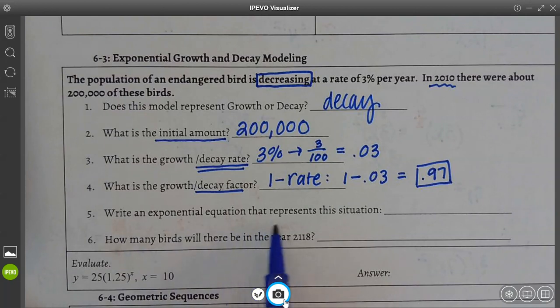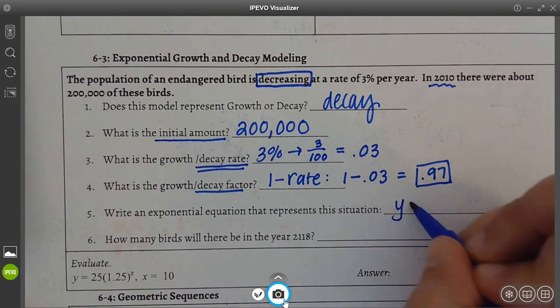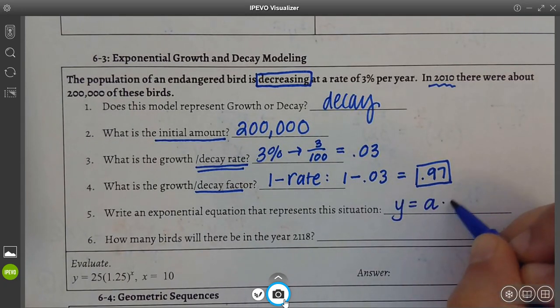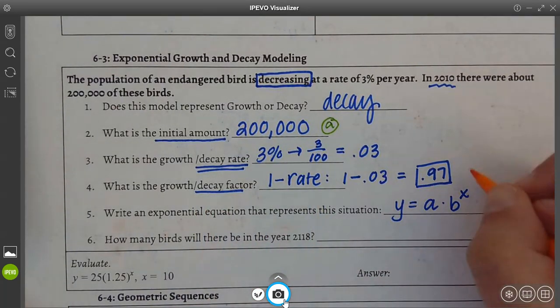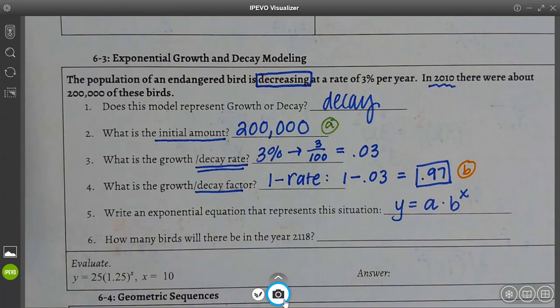And then we want to write an exponential equation that represents the situation. When we do this, it's y equals a times b to the x power, where the initial amount is a, and our decay factor is b. So we kind of already pieced together this information, but we're going to make it a little bit more formal.